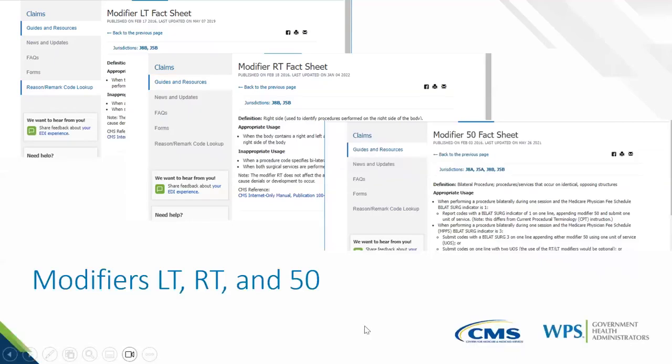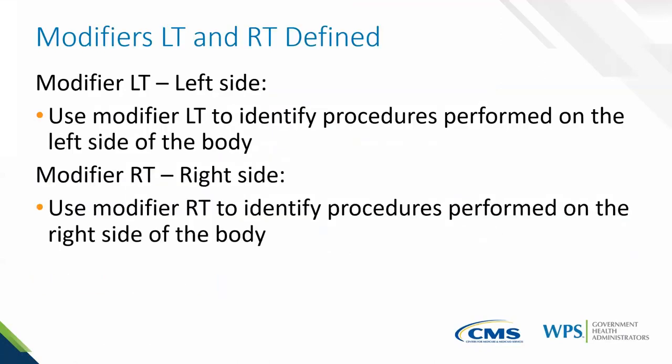All right, so we're now back into our presentation. We're going to talk about modifiers LT, RT, and 50. Modifiers LT and RT and 50 are identifying where you have done the surgery. LT and RT are left and right. So you're identifying, I did this on the left side of the body or the right side of the body.